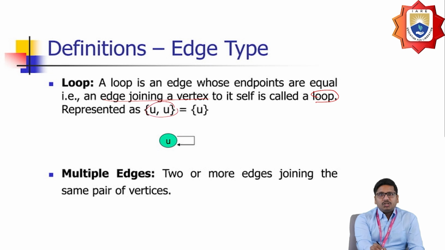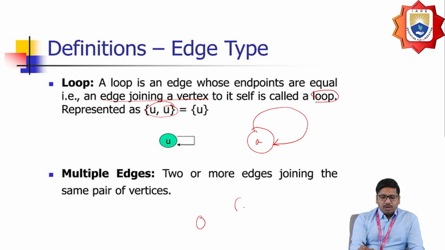Multiple edges means that a node has more than one edge, that is, edges joining the same pair of vertices.